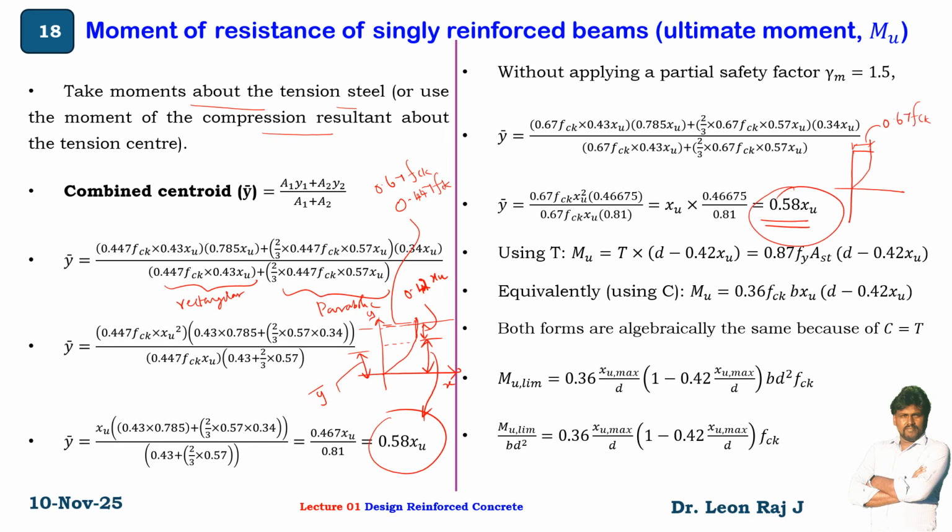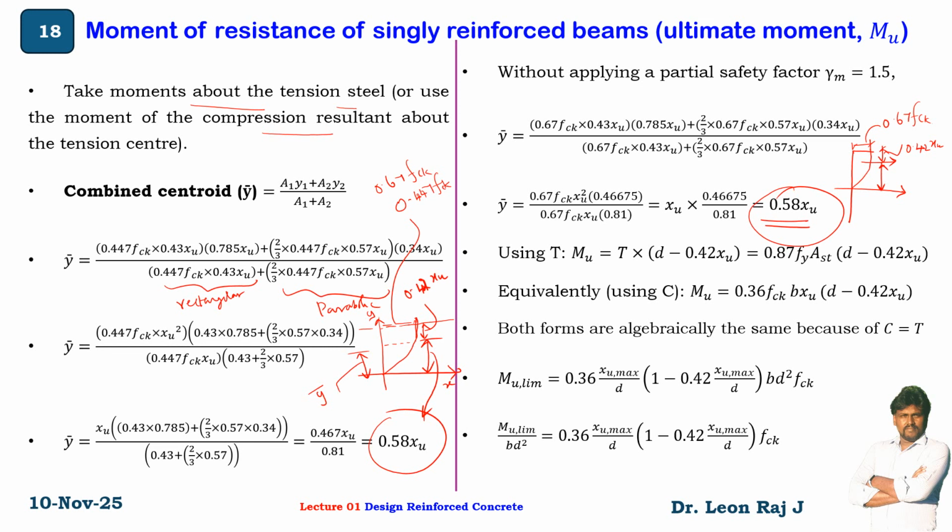If your compressive stress in the stress block is 0.67 fck, the line of action does not change. It exactly acts at 0.42 XU from the compression fiber.